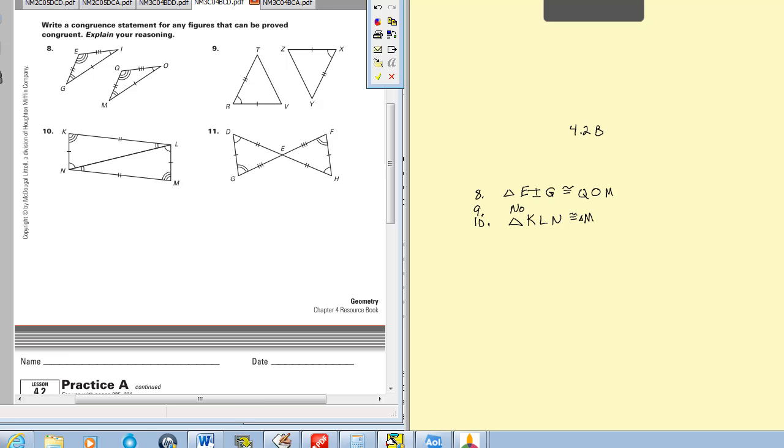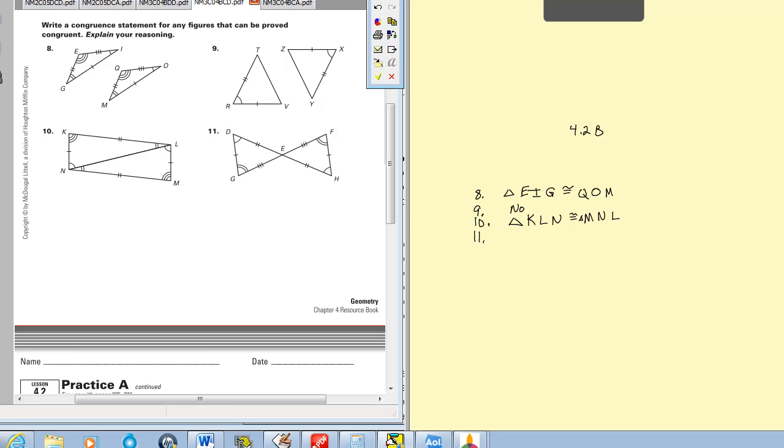That matches to N on the other triangle. And then N matches to, it's got one little angle measure, and it matches to L on the first triangle. So those would be my congruent statements.